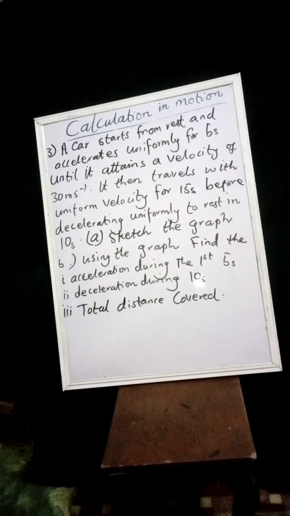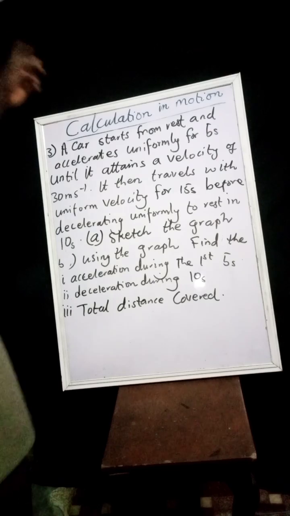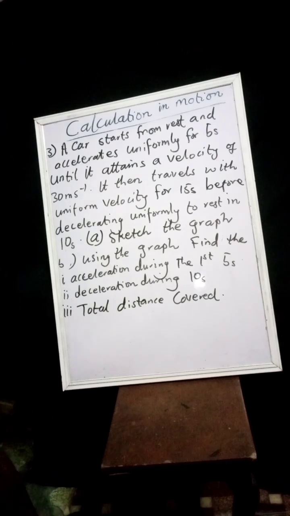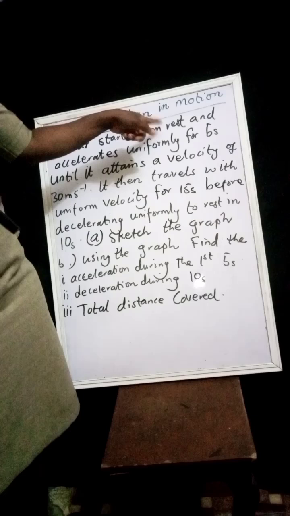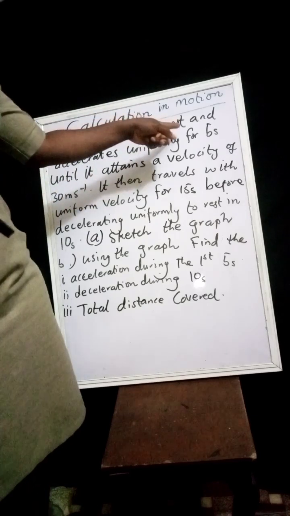Solution. We have to start by sketching the graph of the motion. In sketching the graph of the motion, what we need to consider is, where did it start? Is it at a given velocity or at rest? He said that the car started from rest.